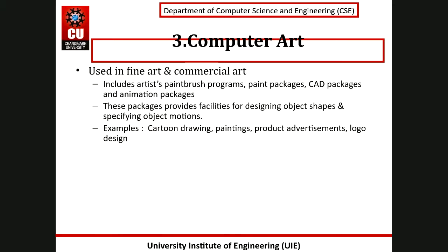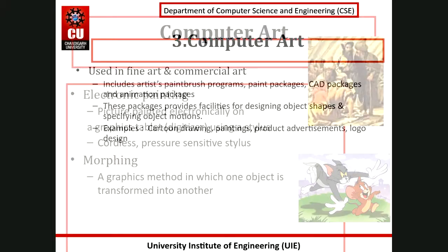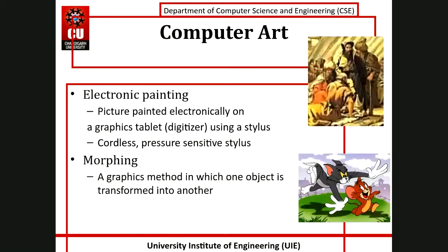Examples of computer art: cartoon drawing, painting. We can paint a particular image with the help of computer graphics. We can design the logo of a particular company or a particular thing with the help of computer graphics.